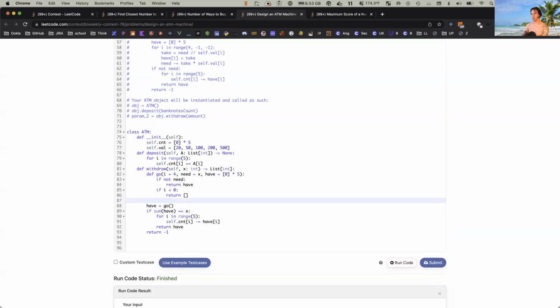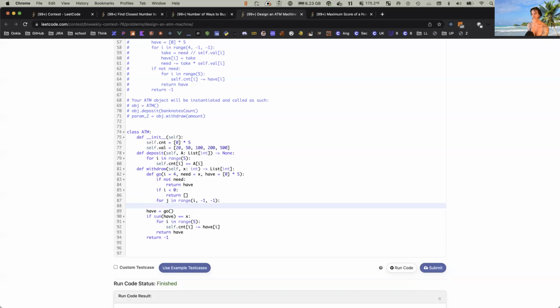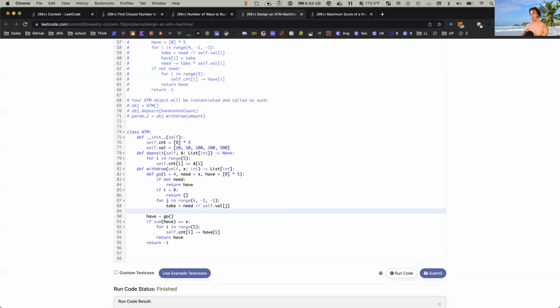Okay, so take as much of the ith as we can for j in range I down to 0 non-inclusive. Take equals what we need divided by self.value of the jth denomination. Have sub j plus equals what we take.